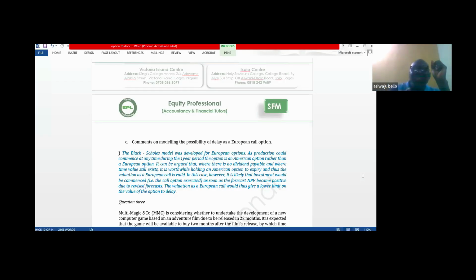That means if the company commences production at any period within 12 months, that will take us to American option contracts. And Black Scholes model cannot be used to value American option contracts.